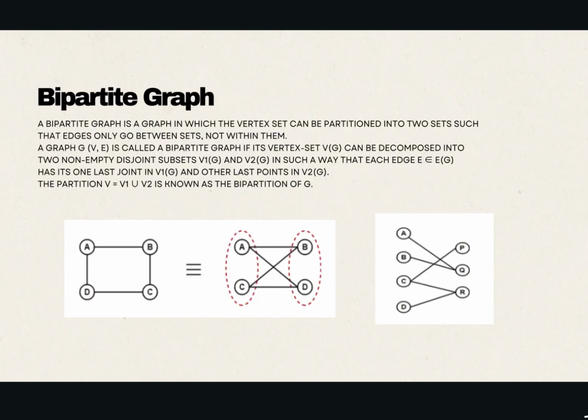Bipartite graph. A bipartite graph is a graph in which the vertex set can be partitioned into two sets such that edges only go between sets, not within them.